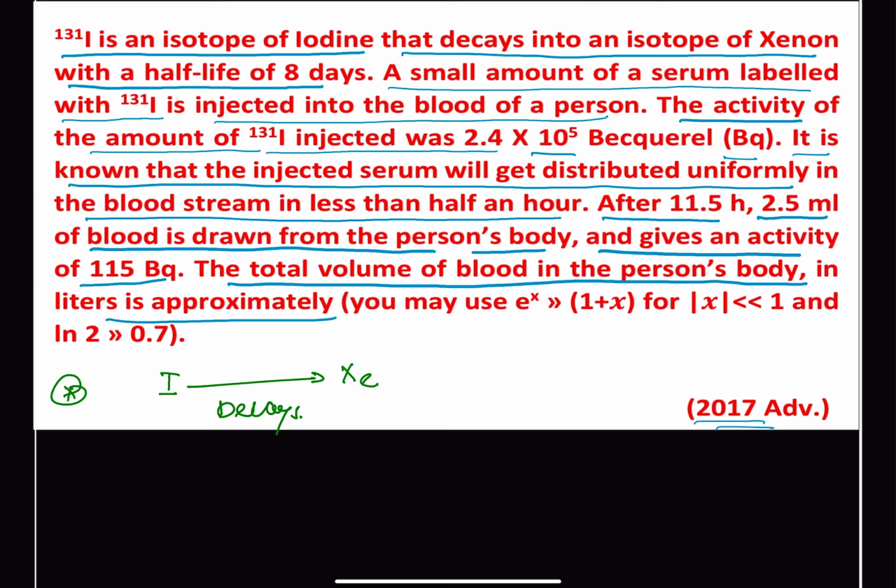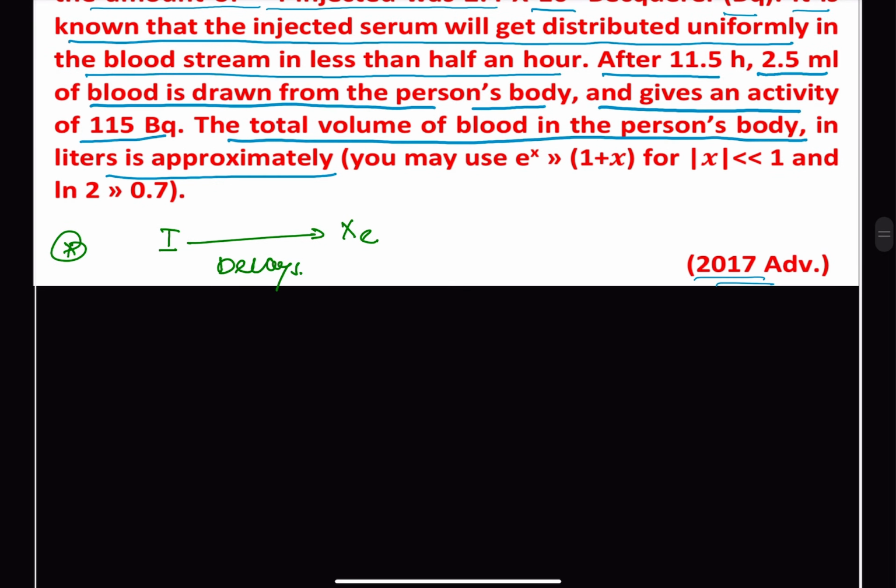Okay, so we can say that the half-life of iodine, that is our T half, is given as 8 days, and its initial activity is also given to us.